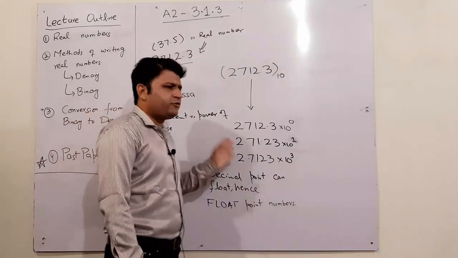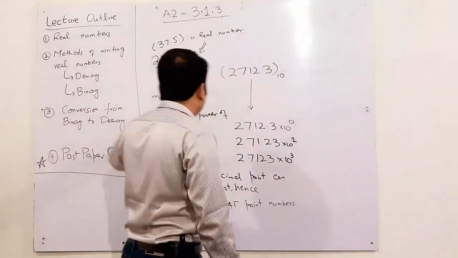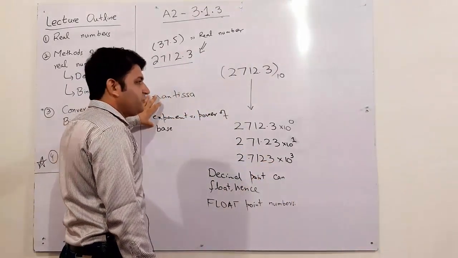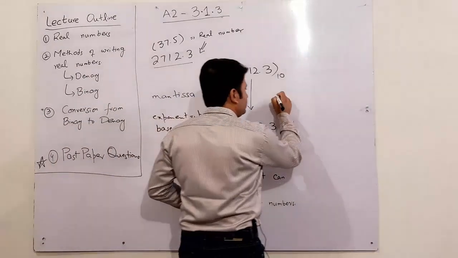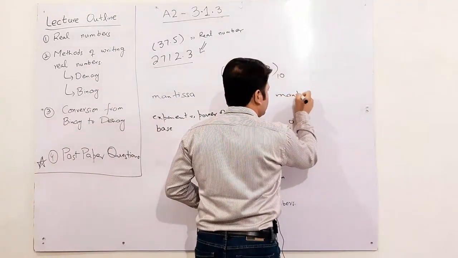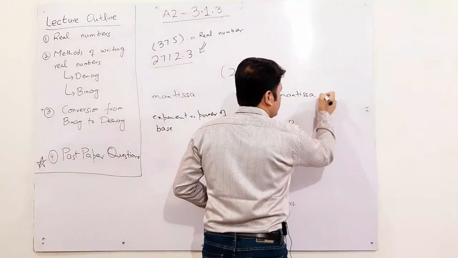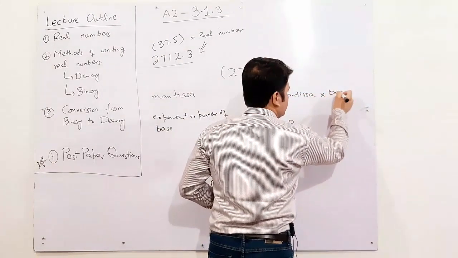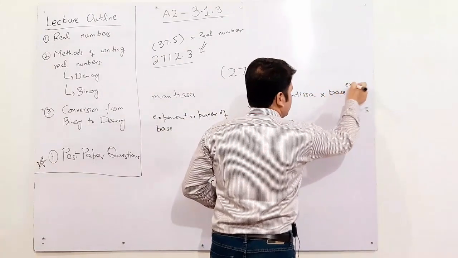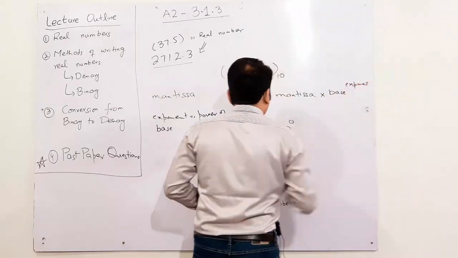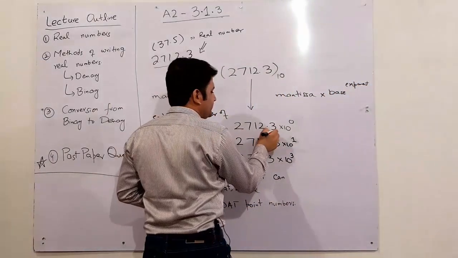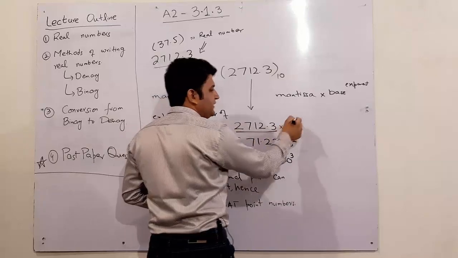So generally, in order to write real numbers using these two parts, we can follow a formula, and that is Mantissa times base to the power exponent.